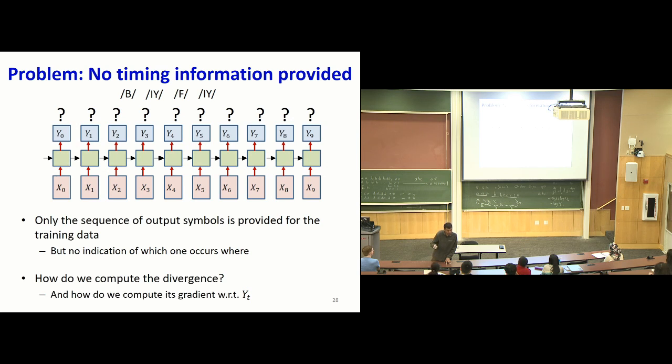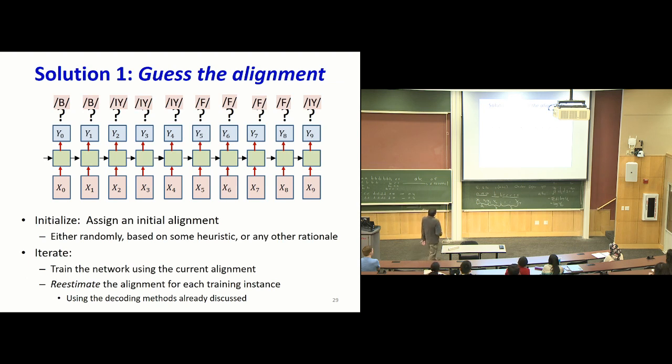Make sense? Right? So here's what I can do. I can start off by initially assigning some random timestamp to each of these symbols. And now I have a time-aligned version. I can train a model using these initial guesses.